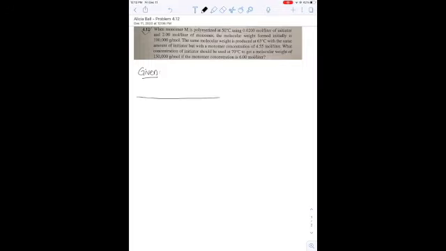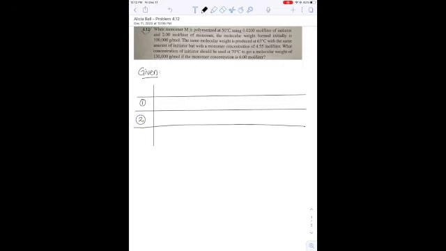So we're going to begin by writing out our given information. In this problem statement, we were given three different cases, each one giving us a temperature, a concentration of the monomer and initiator, as well as the molecular weight for the polymer that was formed.